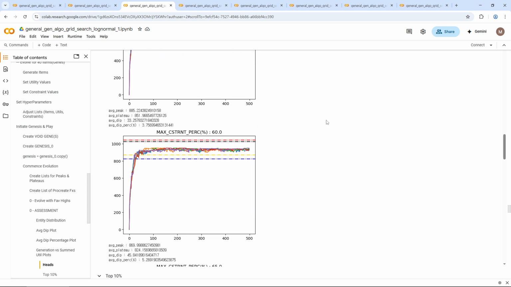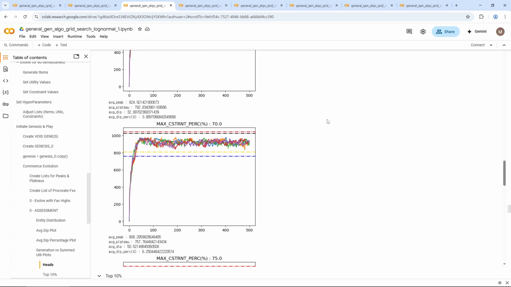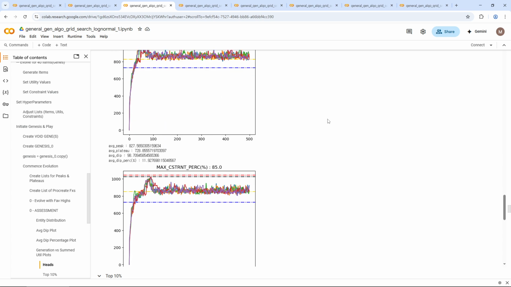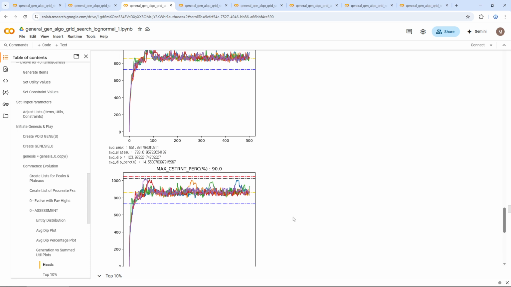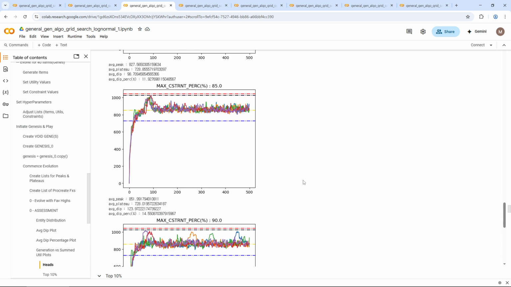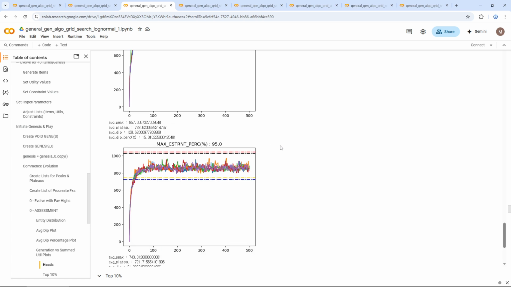It is when we have the maximum constraint percentage at, in this case, 85. Keep that in mind. 85 and 90. Oh, these look very interesting, right? So when we look at the plots for the top 10%, let's pay more attention to 85 and 90.